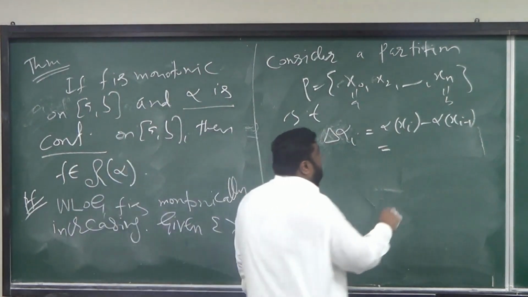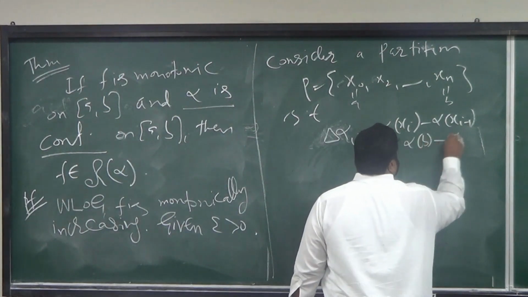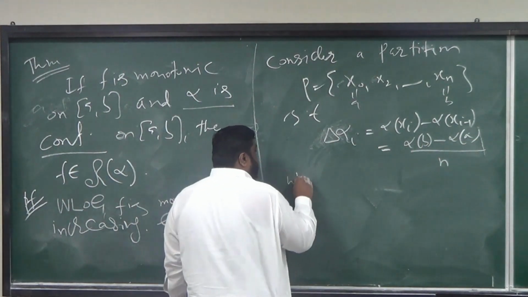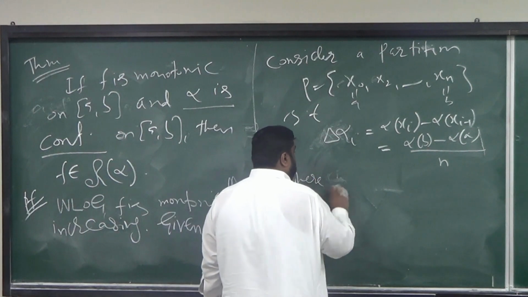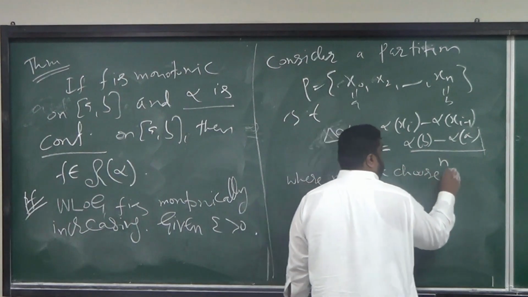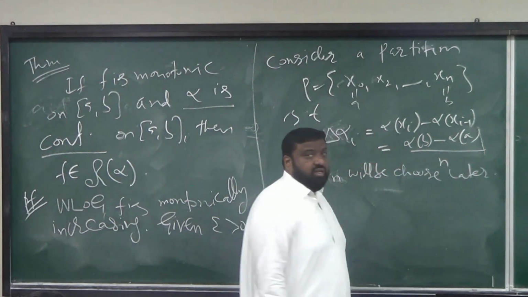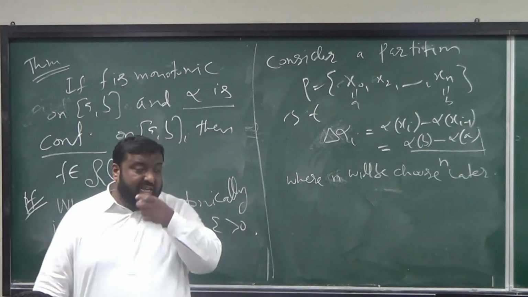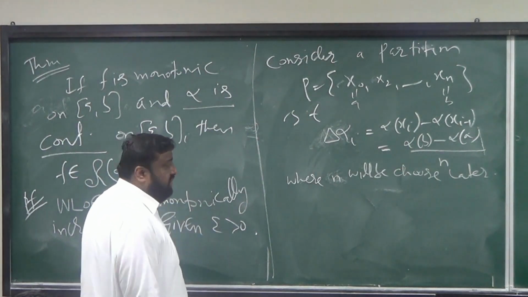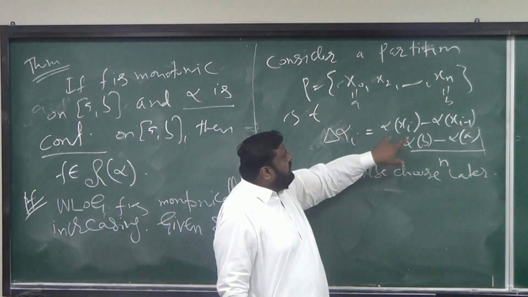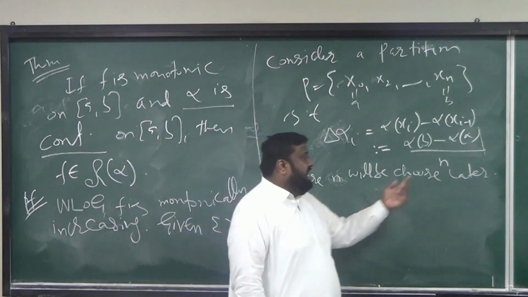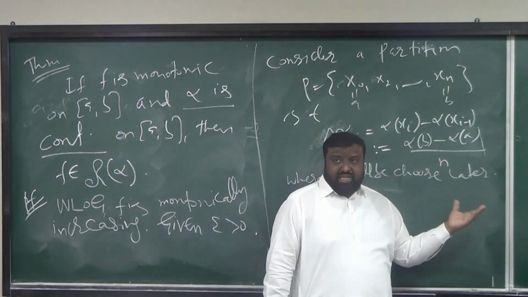And that fixed number is alpha of b minus alpha of a over n, where n will be chosen later. So I will cleverly choose n in such a way that I can have the control that I want. In other words, it's a partition for which this increment is a fixed number, and n is also fixed, but we'll choose it later.